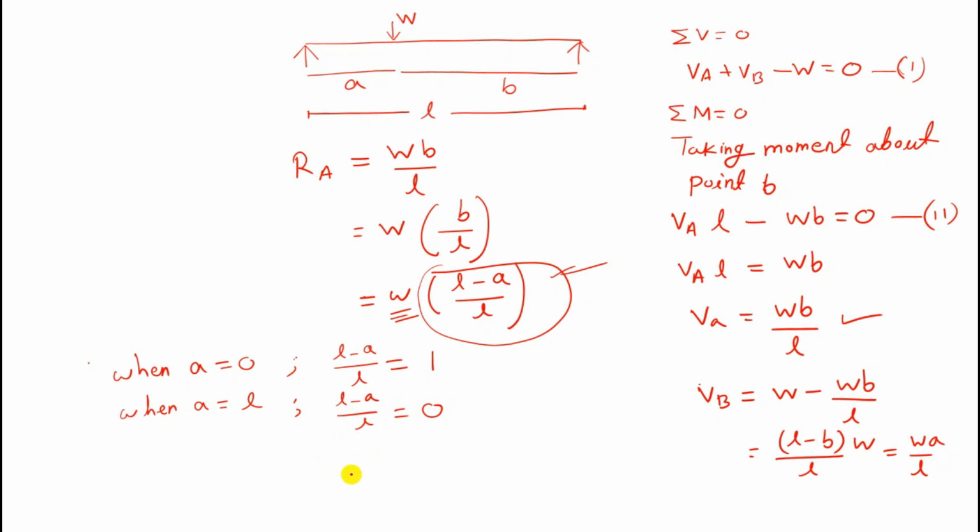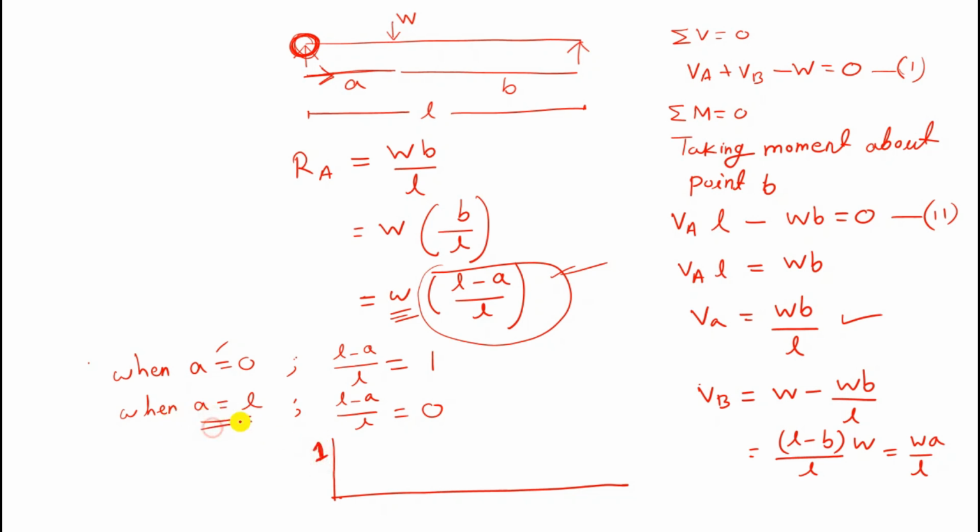So you can easily draw this diagram. This is the length of the beam, and when A equals 0, that means the position is this position. We are counting the A distance from here. So when A equals 0, this height will be 1.